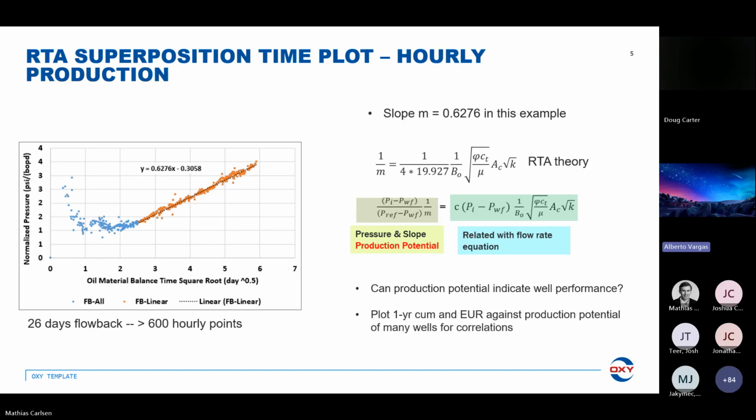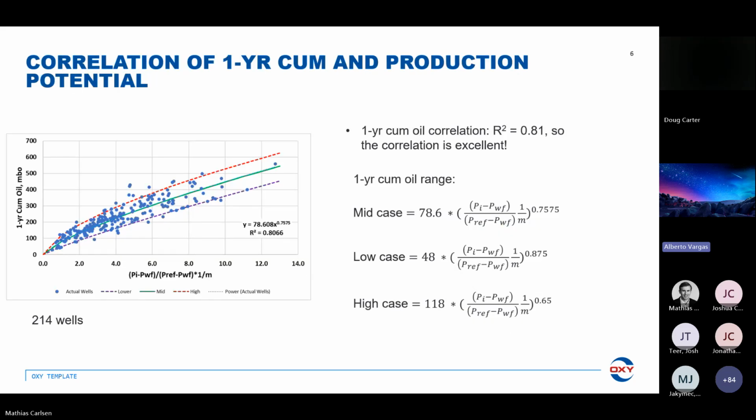This slope combined with the drawdown is exactly related with the flow equation. So from this one, now I call this production potential, because it's drawdown and then the reservoir fluid fracture, all lumped together. And then can we predict this like 1 year Q or EUR? So we go to a lot of data to see.